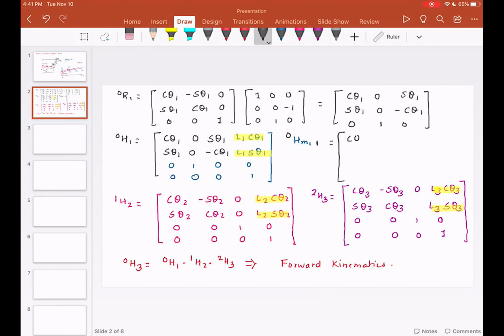Because I have cosine theta 1, 0, sine theta 1, sine theta 1, 0, minus cosine theta 1, 0, 1, 0, 0, 0, 0. And this is going to be L1 by 2 cosine theta 1, L1 by 2 sine theta 1, then I will have 0 and I will have 1. So this transformation is actually the distance. This transformation is for 0 to HM1.